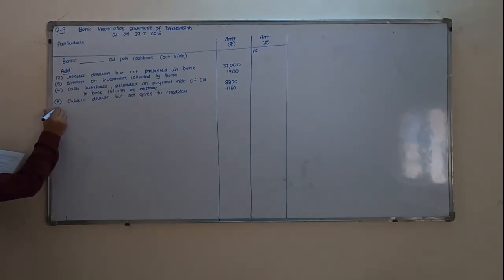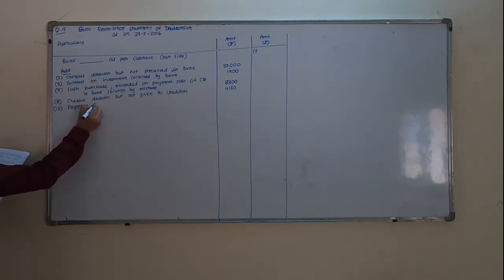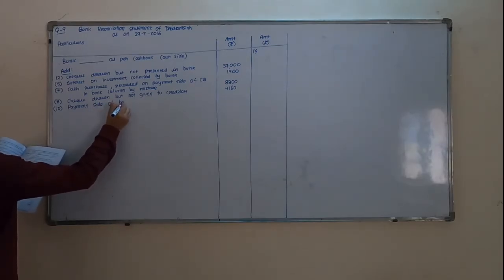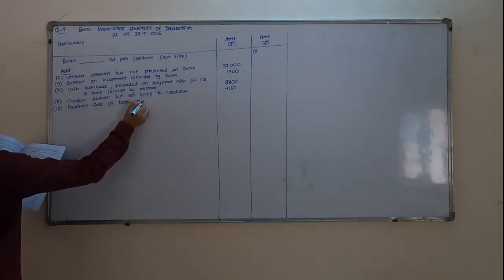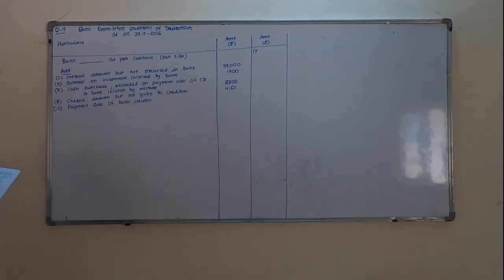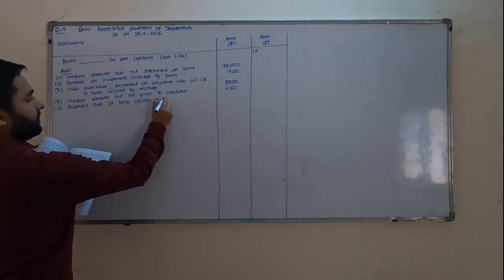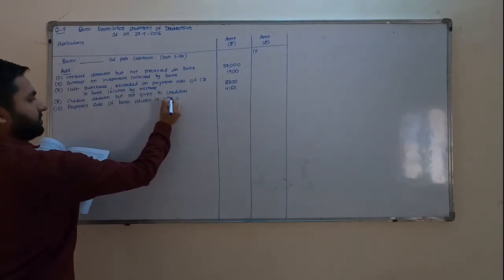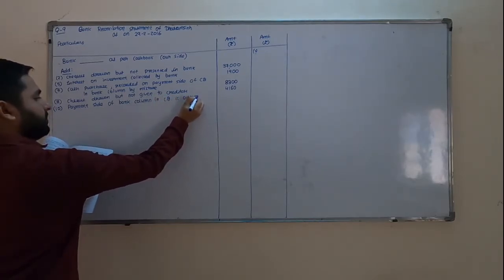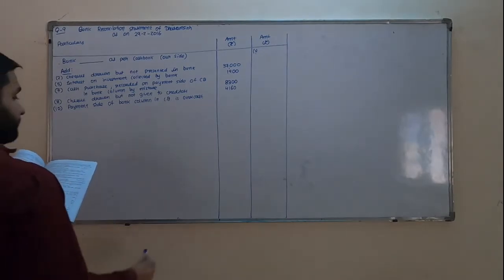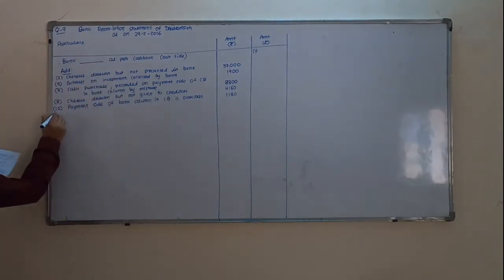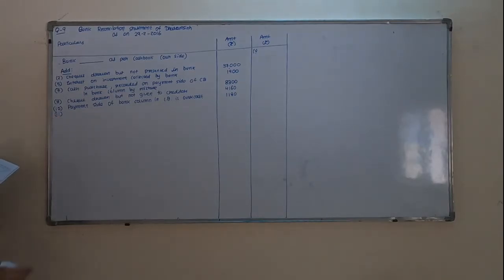Next transaction to add is payment side of bank column in cash book is overcast, 1180. Next transaction to add is the 11th one.